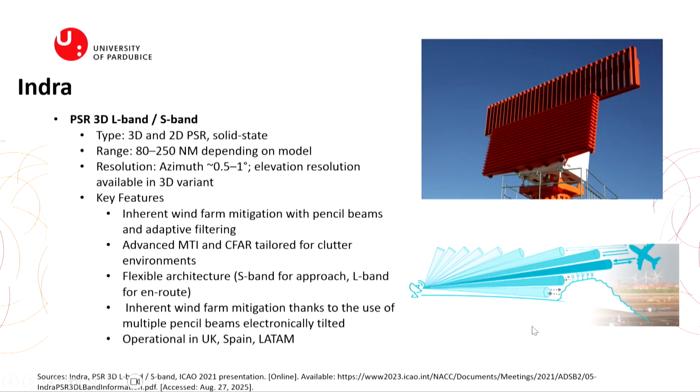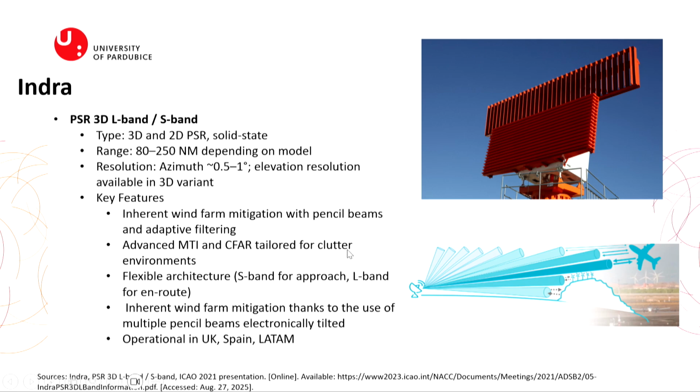Then we have Indra. Indra is again a 3D radar, and 2D, solid state, azimuth resolution 0.5 up to 1 degree, elevation available in the 3D variant. Key features are advanced MTI and CFAR algorithms.